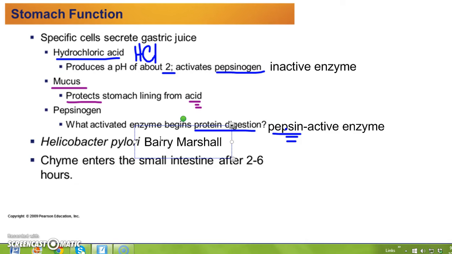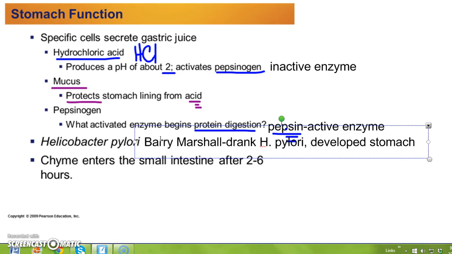In order to prove this, Barry Marshall and the colleagues in his lab drank Helicobacter pylori, there's the abbreviation for it. They developed stomach ulcers and took an antibiotic, and they were cured.